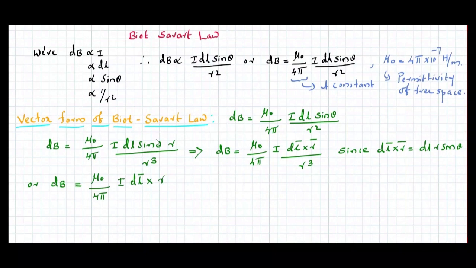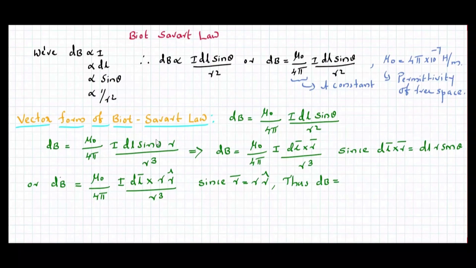Now every vector r can be represented as its magnitude multiplied by the unit vector in the direction of the vector. So you have r vector written as r times r cap. Now dB, equal to mu 0 by 4 pi I dl cross r vector, is replaced by r cap by r cube.